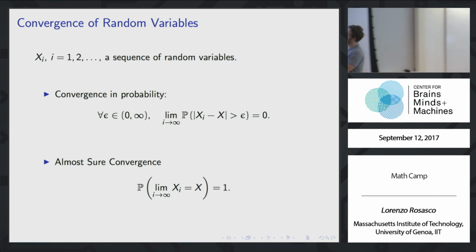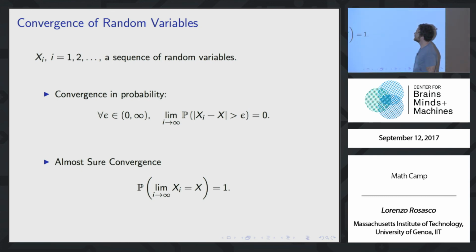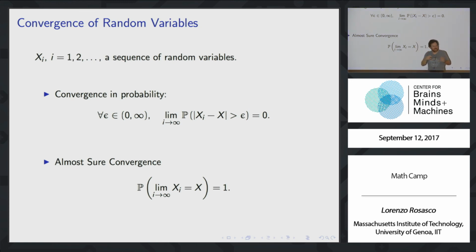One is the somewhat less ambitious one, that says the probability of having a sequence that is far away from something is small. It becomes very small. You basically measure that the amount of bad situations goes away. The other one, which is a bit stronger, basically says that the bad situations don't happen.